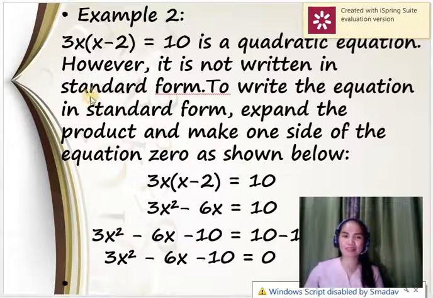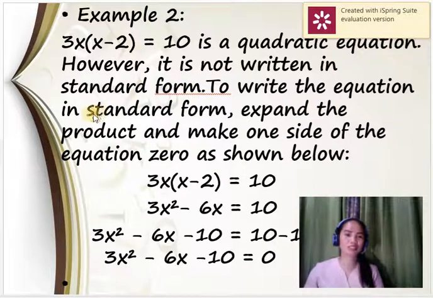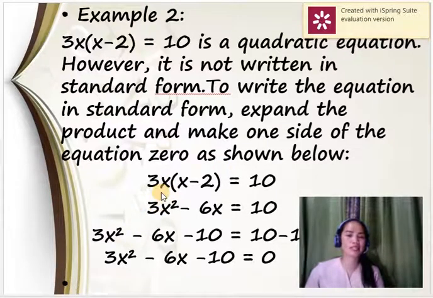Our second example, 3x(x − 2) = 10 is a quadratic equation. However, this is not written in standard form. To write the equation in standard form, expand the product and make one side of the equation 0, as shown in our solution below. 3x times x is equal to 3x². 3x times −2 is −6x, equals 10.